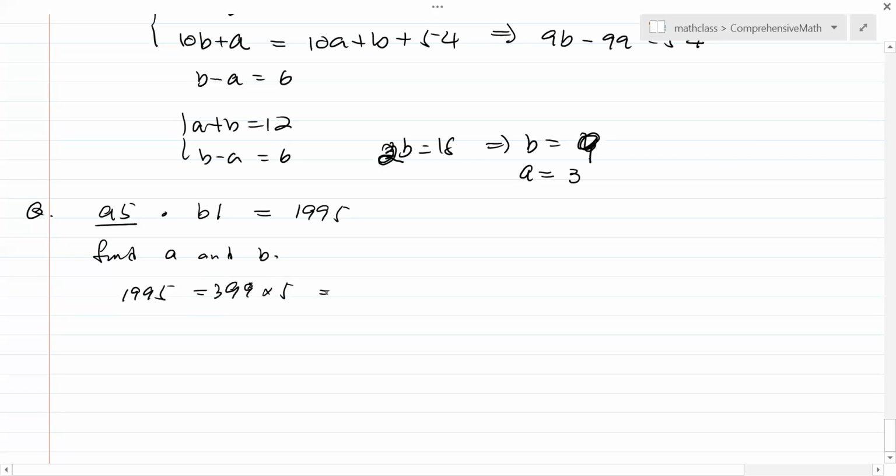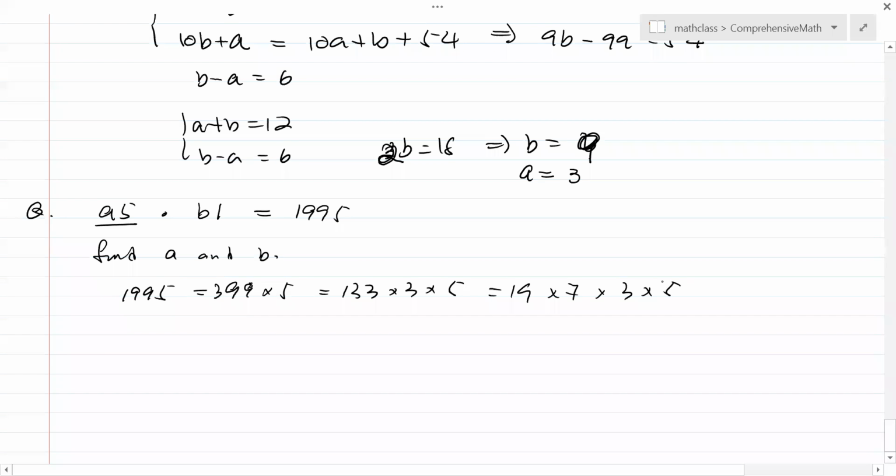Then it divides by 3, so I divide by 3. 133 times 3 times 5. It's not good, right? And then 133, try 7, right? Just try 7. Then you get 19 times 7 times 3 times 5. So you complete the factorization.